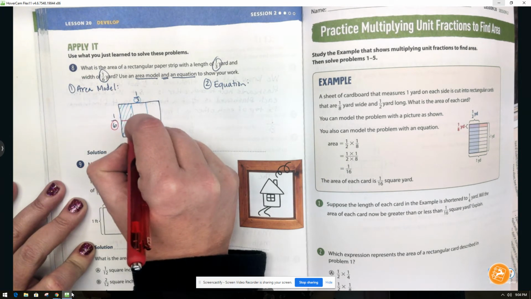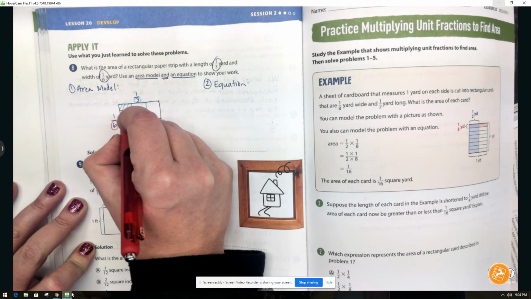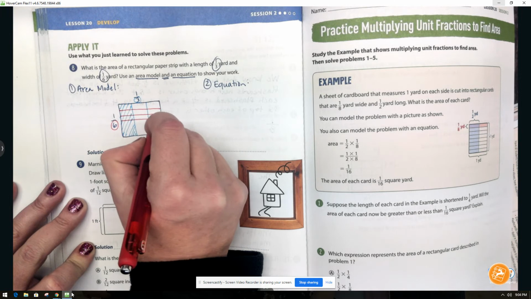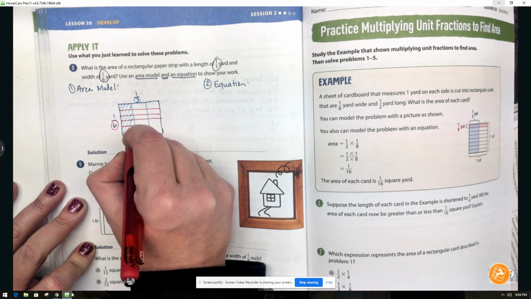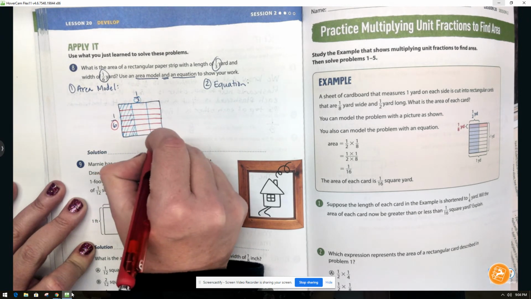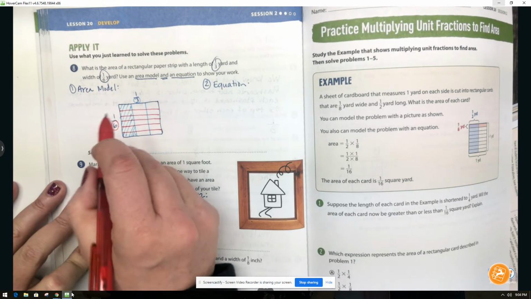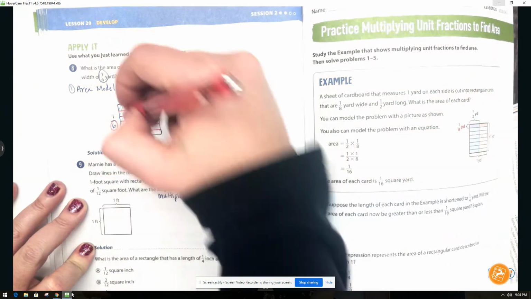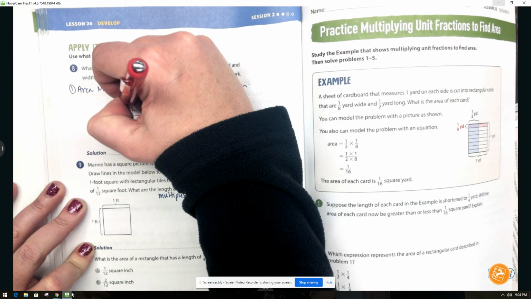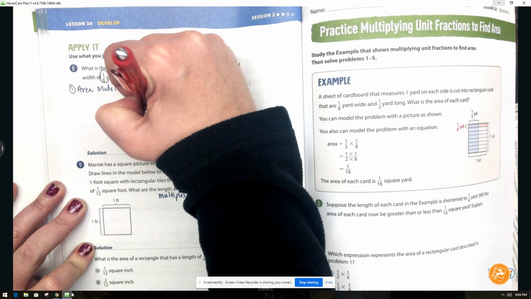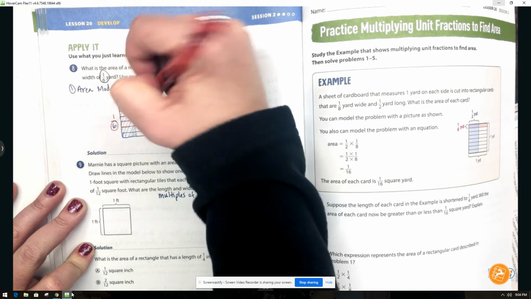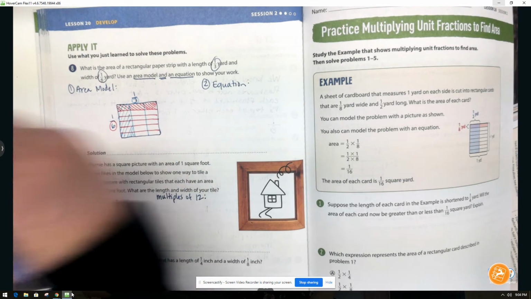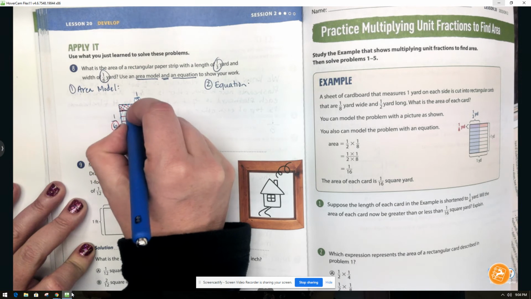So if we break it into half and then into thirds, that breaks this apart into 6 equal rows. And then we're going to shade in the number of rows in the numerator, which in this case is just one section. And then our overlap is the answer.